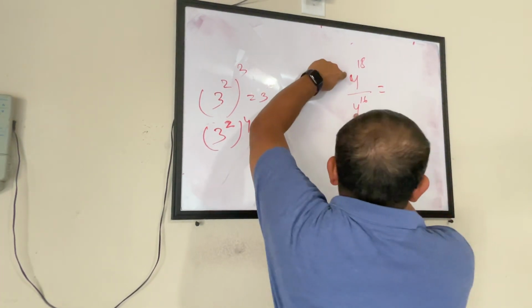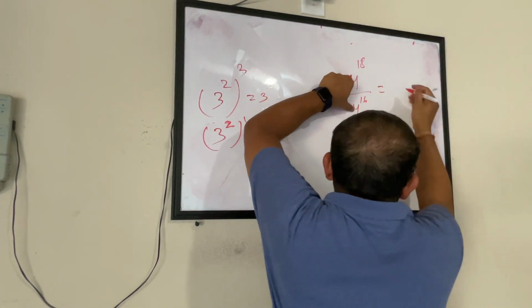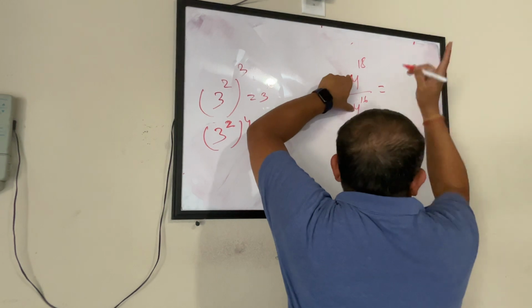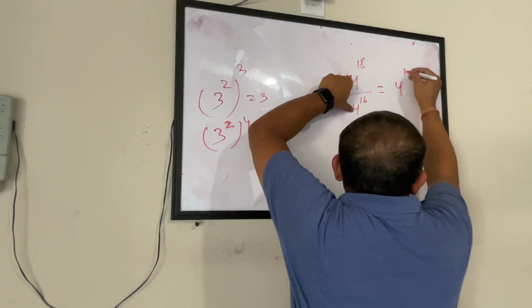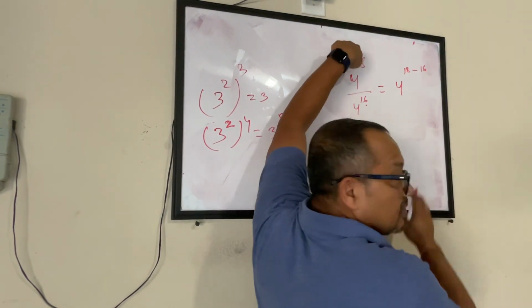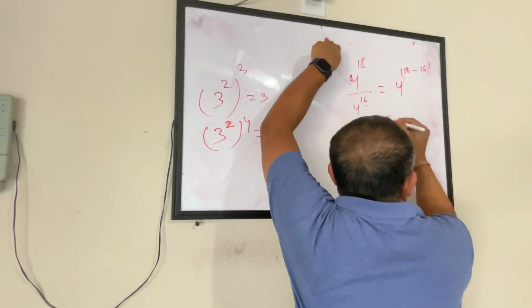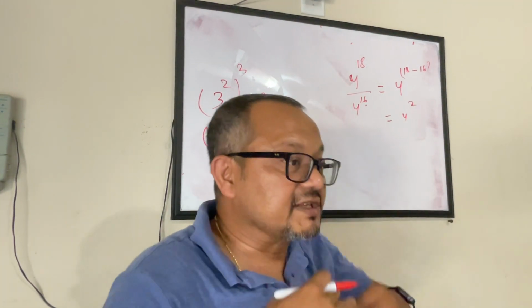What will you check? Both are exponents, both have the same base, and it is a division case. From the division case, you take the same base and subtract the powers from numerator to denominator. So it becomes 4 to the power 18 minus 16, which is 4 to the power 2. Done. This is the second one.